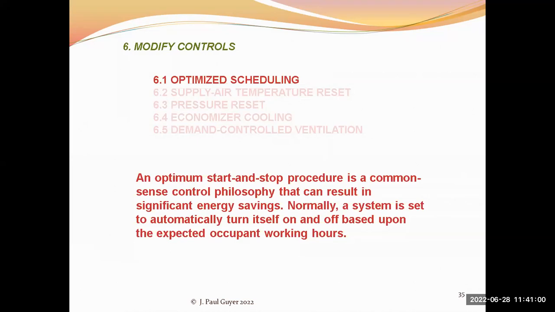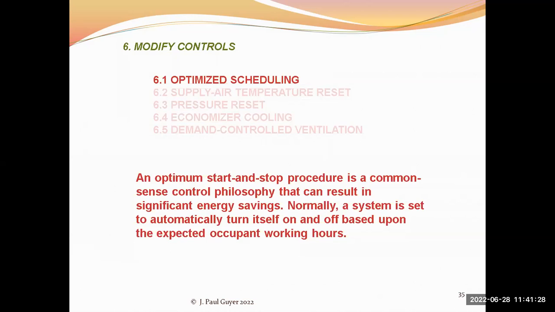So controlling the operation of the HVAC system to be consistent with how the building operates, when it's fully occupied, when it's partially occupied. Maybe it is a building that has employees that show up at 8 o'clock in the morning, but the public isn't admitted until 10 o'clock.